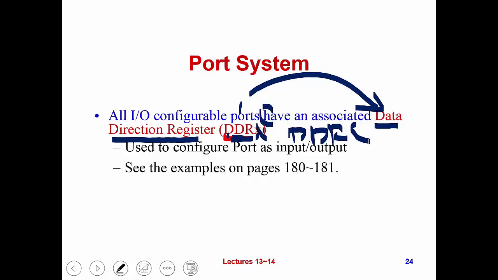Then, similar to the example I show you on this page, we initialize the value of DDRC to be FF, which is 11111111.